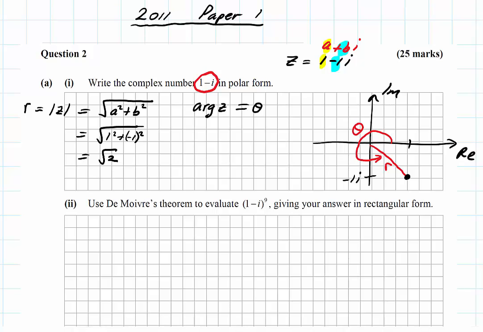And now from our knowledge of quadrants in trigonometry, to get theta properly, you're going to need to get a reference angle here, and we need to have a closer look at this right angle triangle to get that. That right angle triangle there has 1 unit along here and 1 unit here, because it's 1 minus 1i.